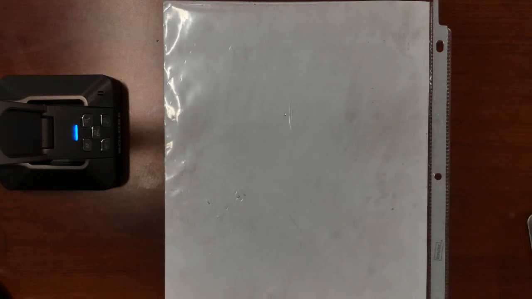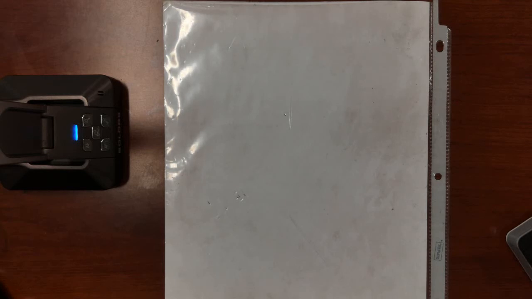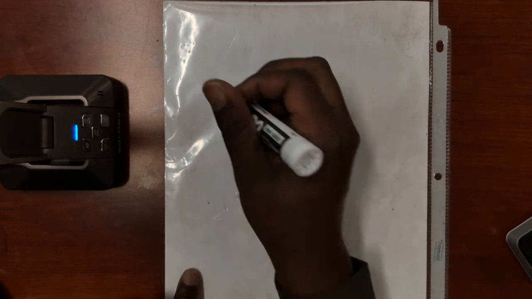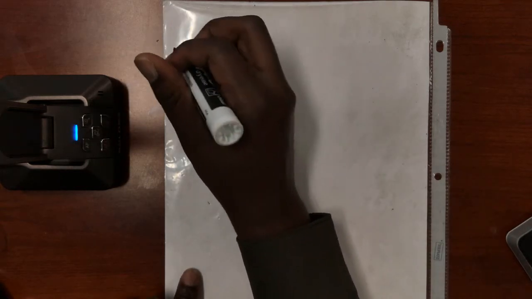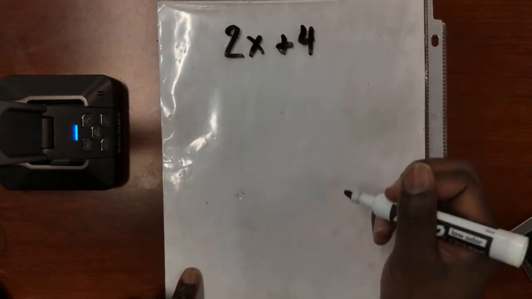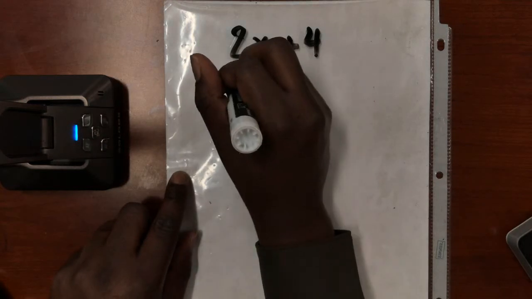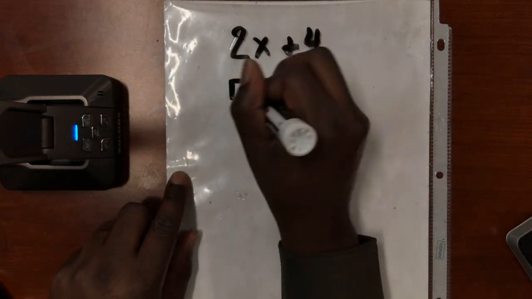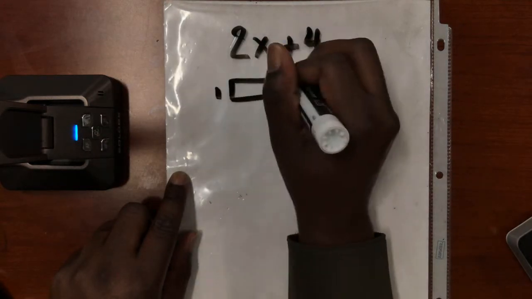So the first question asks you, sketch a diagram of algebra tiles that represents 2x plus 4. Okay, 2x plus 4. We know that this is a 1 by x.